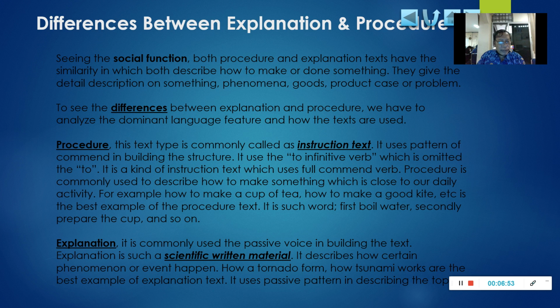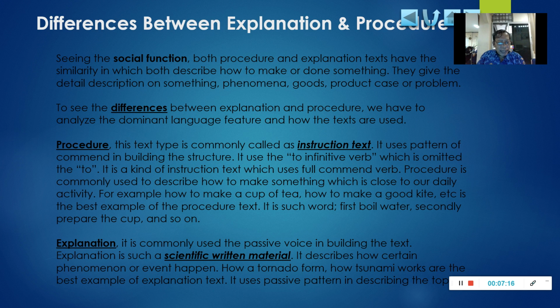Procedure is commonly used to describe how to make something which is close to our daily activity. For example, how to make a cup of tea, how to make a good kite, etc. are the best examples of the procedure text. It uses words such as first boil water, secondly prepare the cup, and so on.